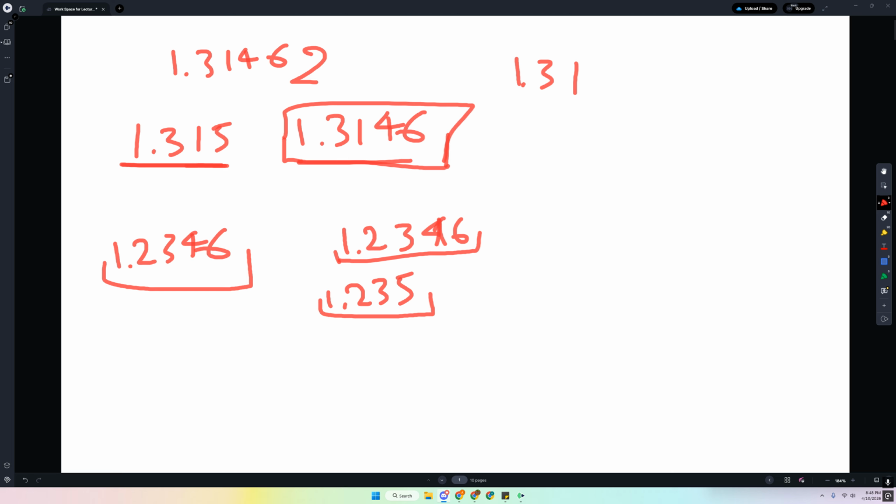No, it's wrong. It's truncated to 4, not truncated to 3. Yeah, okay. Besides the point, recommended is 4.